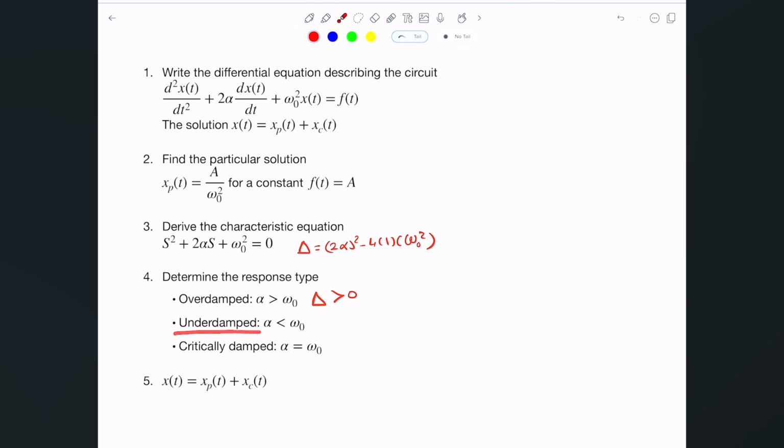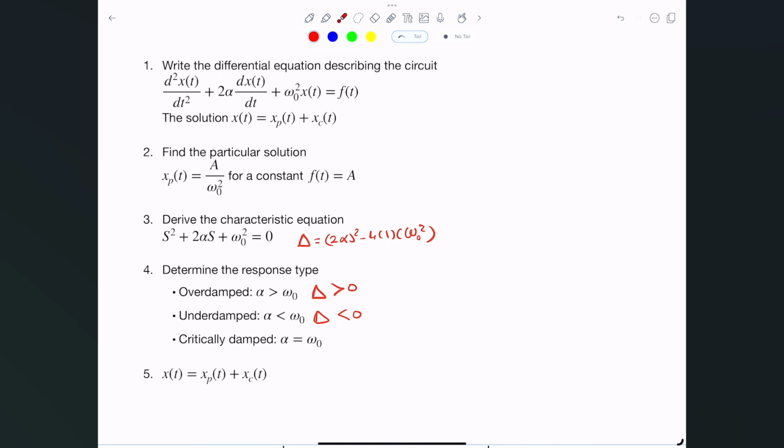If it's underdamped, that means delta is less than 0, and S1 and S2 will be complex conjugates. When delta is exactly 0, we get the critically damped response, and we have the same S1 and S2, simply negative alpha. Once you figure out the complementary solution, you add it to the particular solution you found earlier, and you get the final solution.